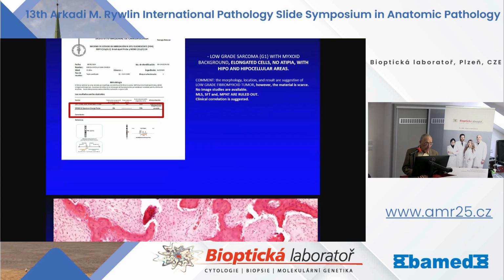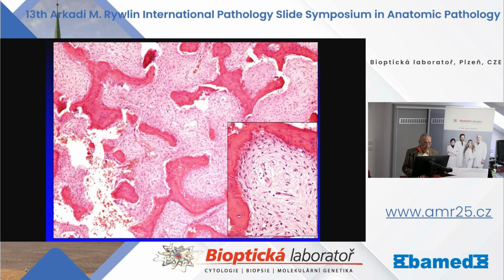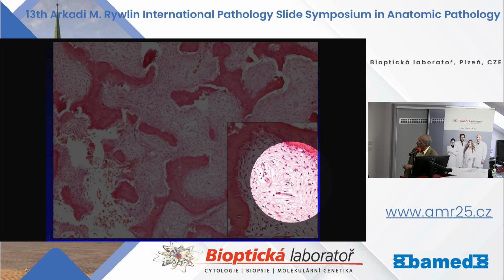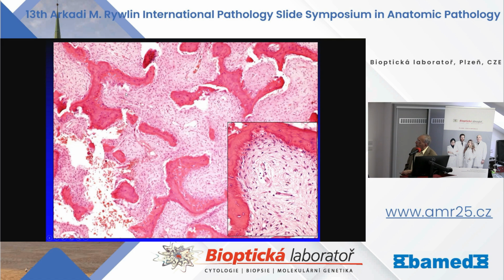Then they took the bone lesion, and as you can see here, the bone spicules are kind of funny, and the background matrix is also myxoid. So this is fibrous dysplasia with a funny looking stroma.